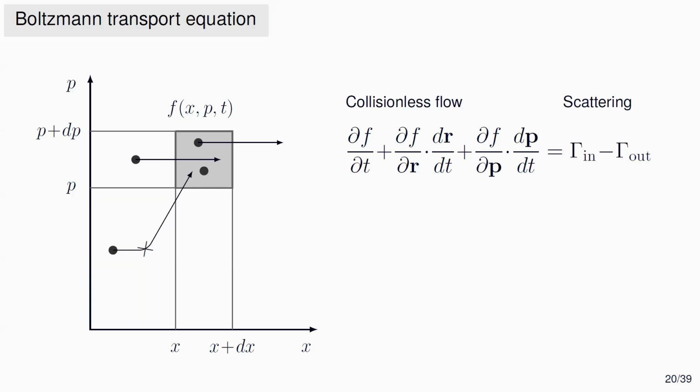And then there will be some electrons that will come in or out of this box because they are scattered. For example, an electron here may bump into an impurity and find itself into this little box. So the Boltzmann transport equation is a way to keep tabs on these effects and try to count how many electrons you find in a certain region of your phase space at any given time.